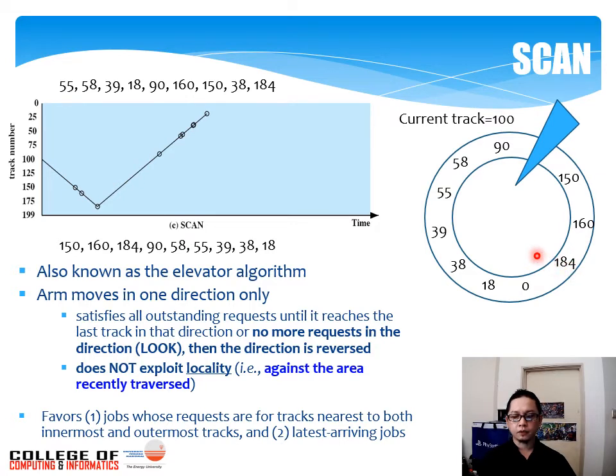Until all the tracks are finished, then it will go down to seek for any outstanding track in the opposite direction. So after this, it will go to 90, 58, 55, 39, 38, and 18. So this is how scan seeking works. It goes to one direction before it returns to the opposite direction to seek the outstanding track request.